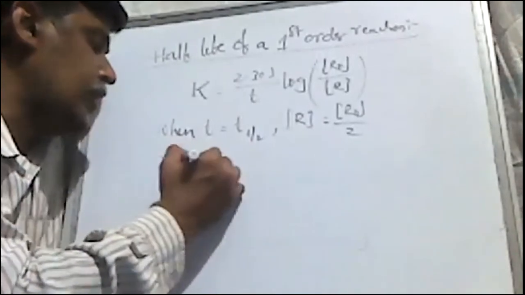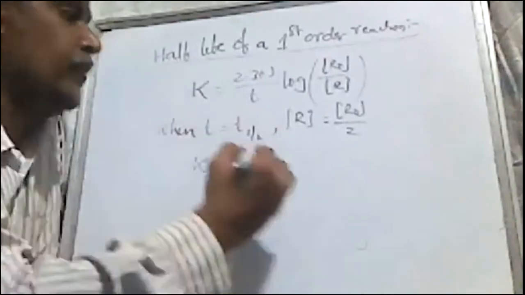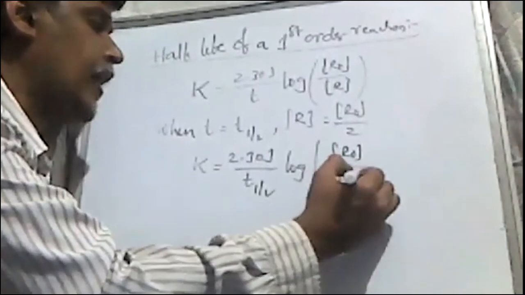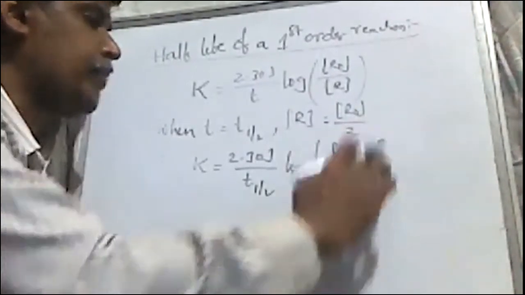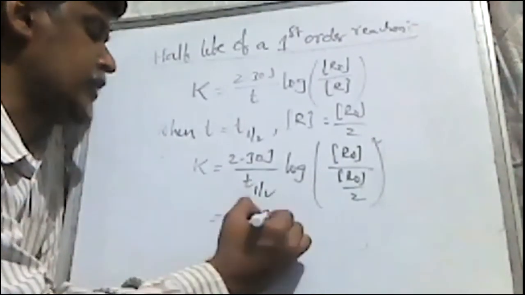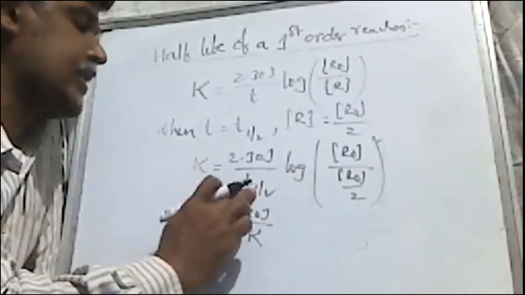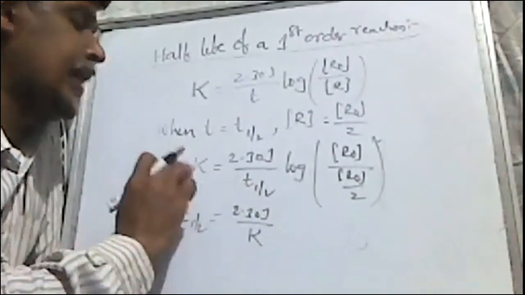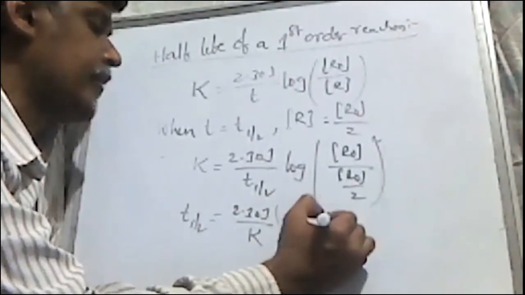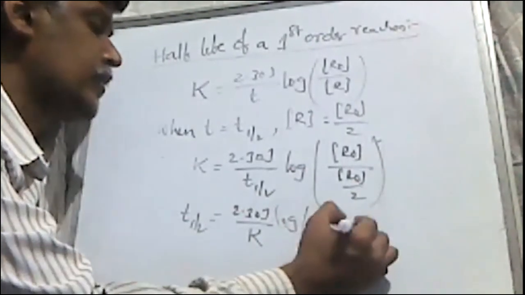If I substitute those values in place of t and r, what will happen? log r naught by r naught by 2. Now you see here, 2.303 by k. t half is equal to, I am cross multiplying, bringing k to the numerator and t to the denominator. Then it becomes log r naught by r naught by 2, right?